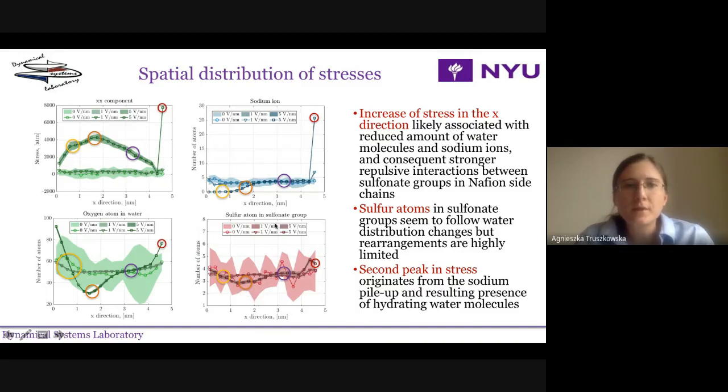We believe that the reason for the peak is basically the repulsion between sulfonate groups. Sulfonate groups cannot move and are suddenly in an environment where there are fewer water molecules to shield them from one another, and also fewer sodium ions to counter their negative charge. While the second peak is related to the pileup, and it likely stems from simply having more atoms and molecules in a single bin.